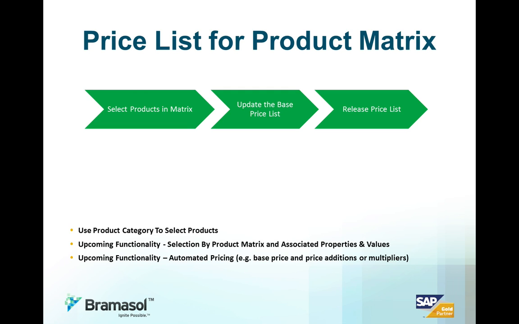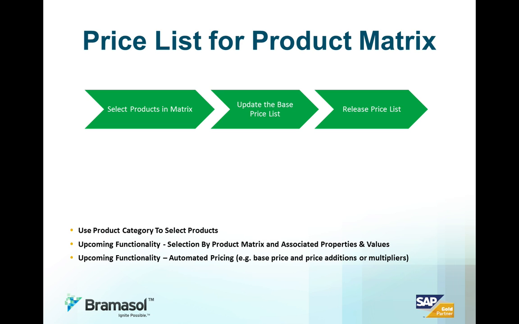Now, in upcoming releases of this product matrix generator, we're going to be able to select by the product matrix or by the associated properties and values. So this will make the updates of the sales prices even more efficient. We're also going to include the option to include pricing in the product matrix.